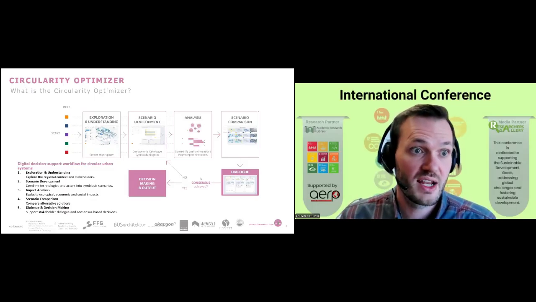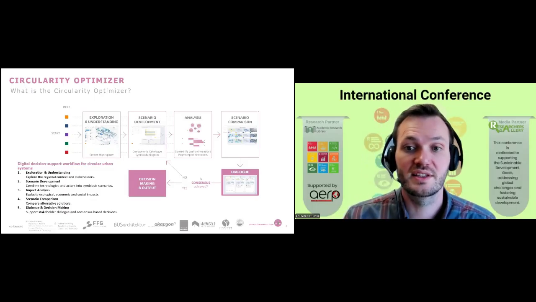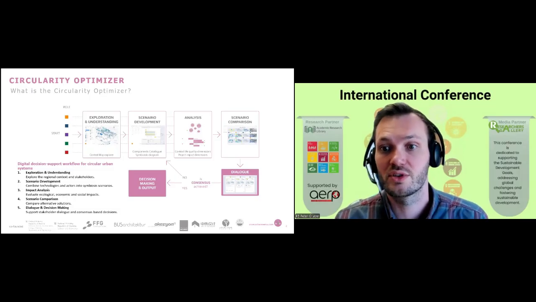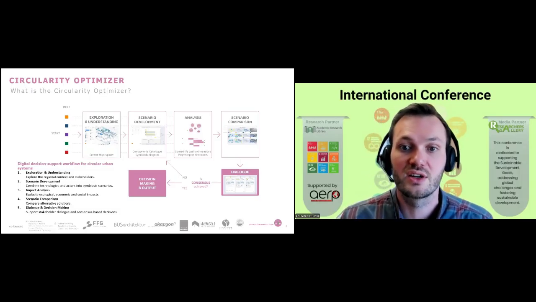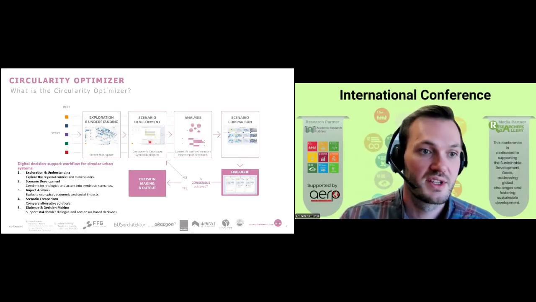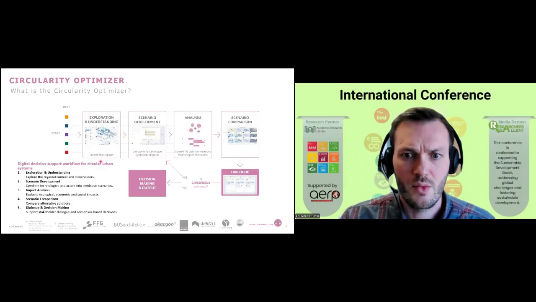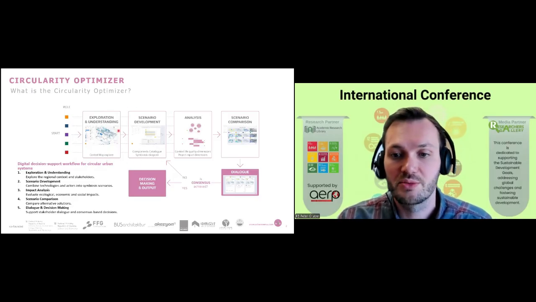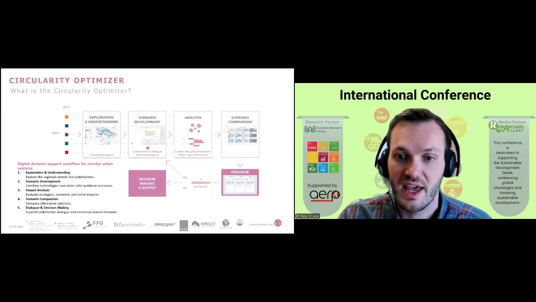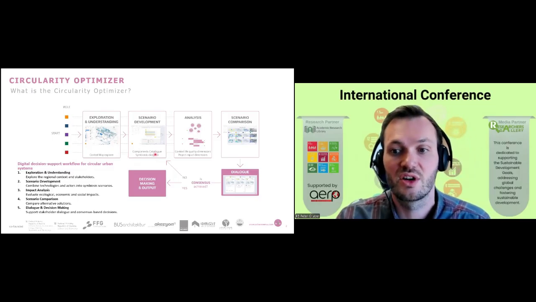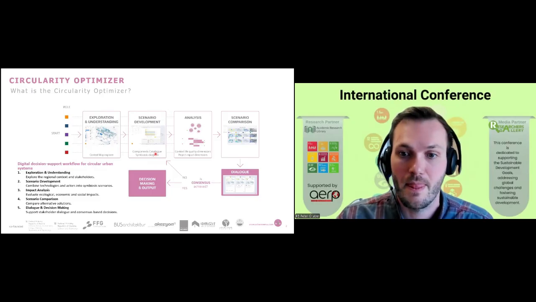So what is the Circularity Optimizer? It is a digital decision support workflow for planning circular urban systems. It starts with exploring the regional context where spatial data and stakeholders are visualized and integrated. Based on this context, scenarios are developed by combining technologies and actors into potential industrial urban symbiosis systems.